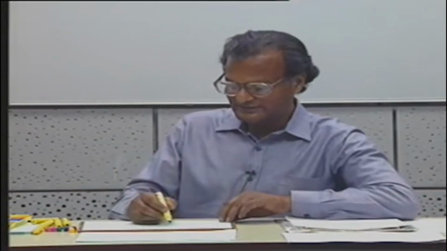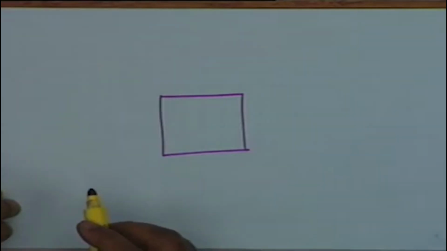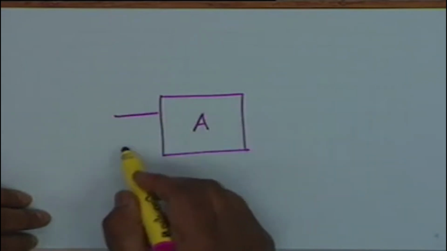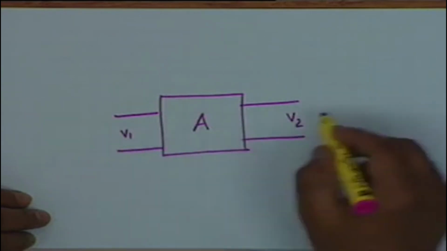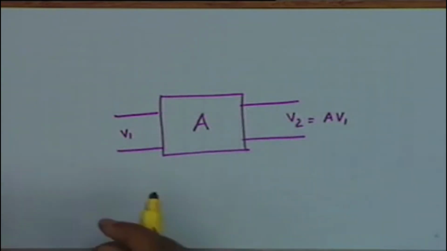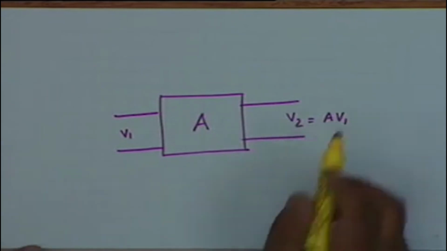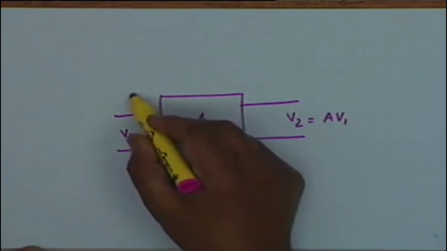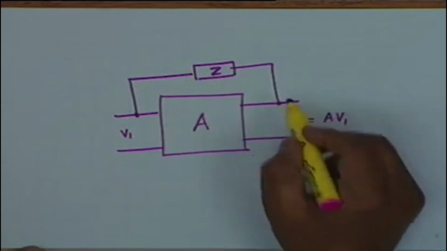Please try to follow this carefully. Suppose we have an amplifier or a 2-port in which the output voltage V2 is equal to A times V1, and suppose we connect an impedance Z here.